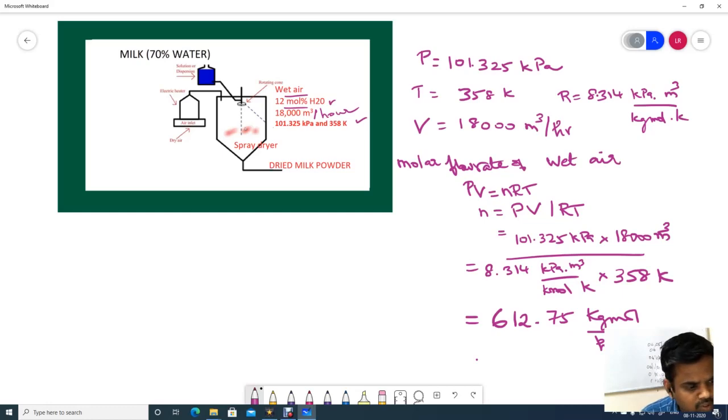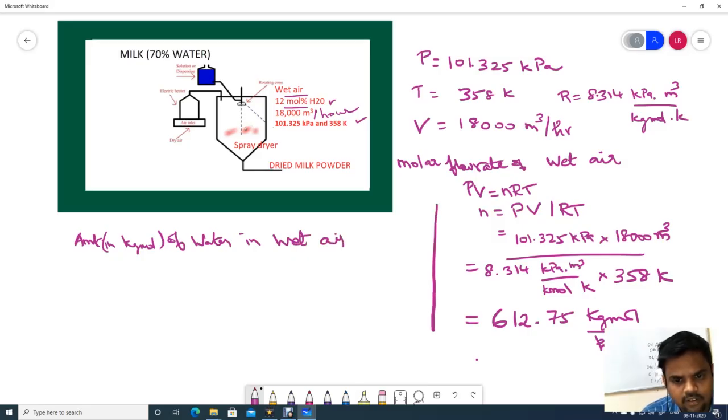Therefore, the amount in kg moles of water in wet air is equal to 12 mole percent of n, that is 0.12 into 612.75 kg moles per hour.